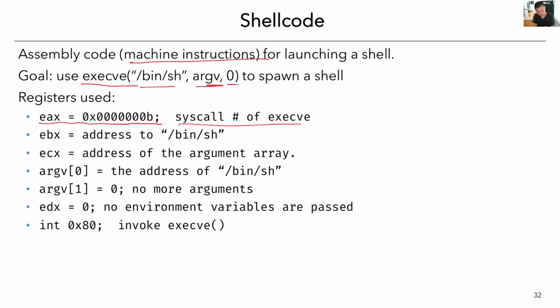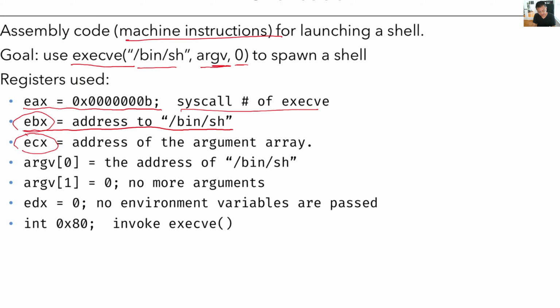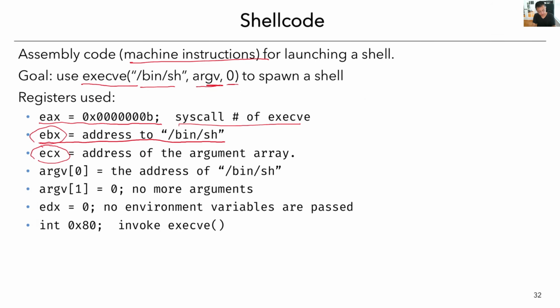Then the first argument will be the command line, which command to be executed. This is passed in the EBX register. The second is passed in the ECX register. The ECX register contains the address of the argument array.